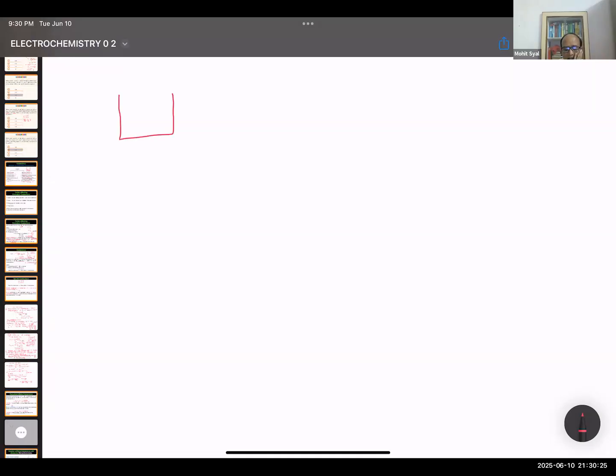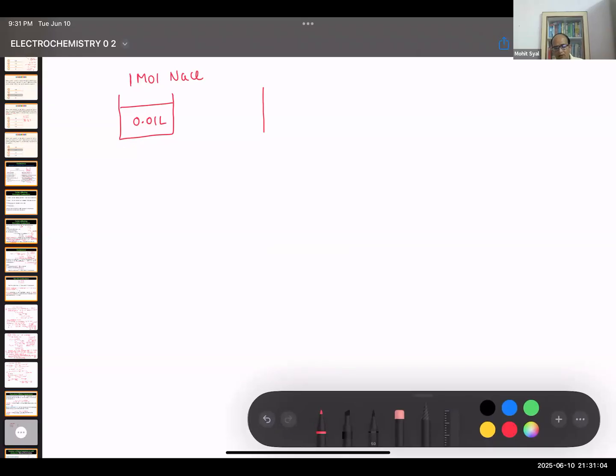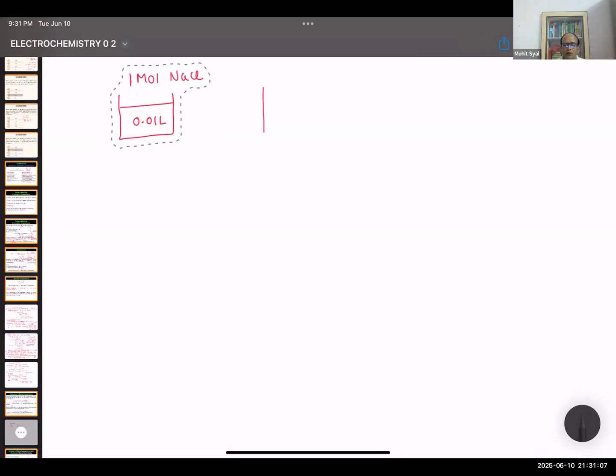Suppose I have one mole NaCl, let's say in 10 ml, or 0.01 liters. Let's put some water in it and dilute the solution. If you put water into it, what will happen?